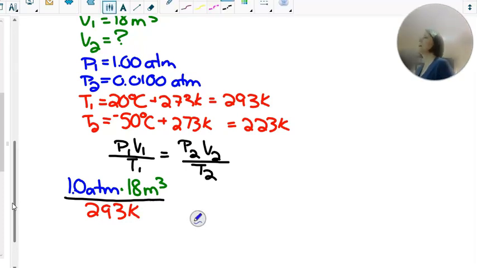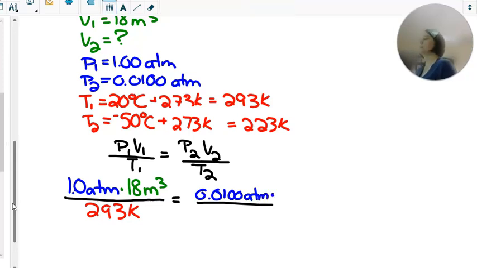So then our P2 equals 0.0100 atm times our V2, which is our variable, divided by our T2, which is 223 Kelvin.